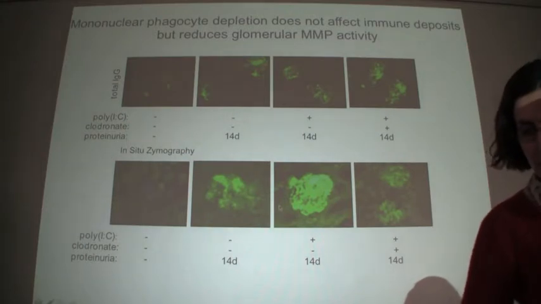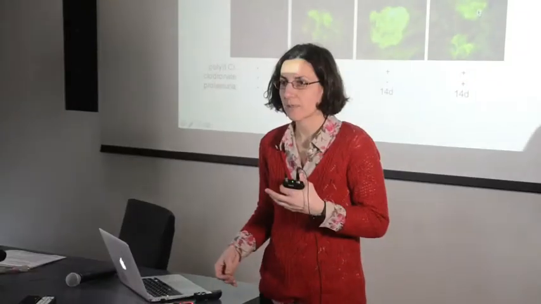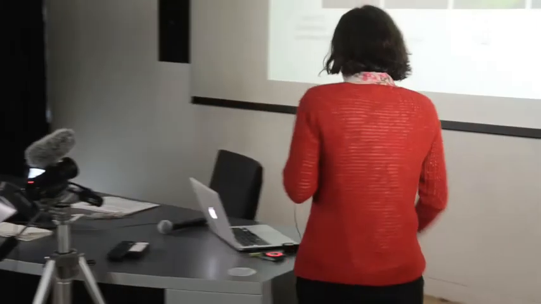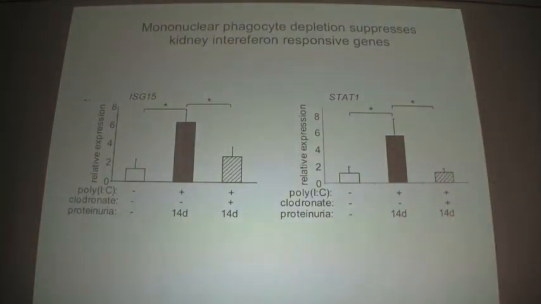So when you do that assay when you have given poly(I:C), you have this really green stain of the glomerulus, and when you have the macrophages out, it's weaker. So basically, this shows you that tissue remodeling, like eating up the tissue within the glomerulus, is way better in the absence of macrophages. The other thing that happened when you took out macrophages, because I told you type 1 interferons are important, so we measured type 1 interferon responsive genes in the kidney.